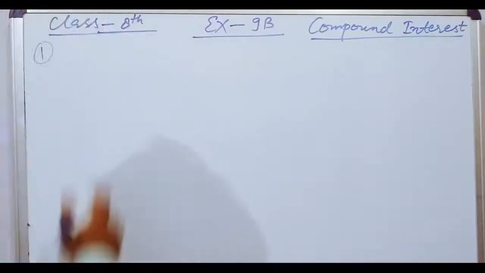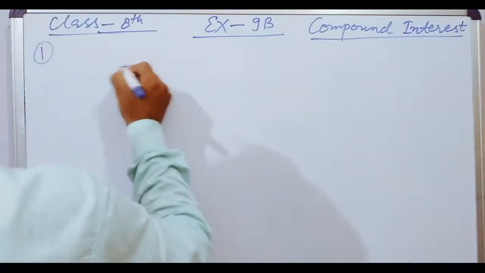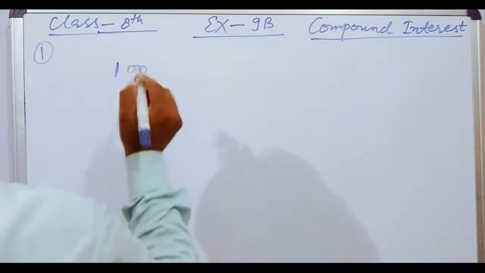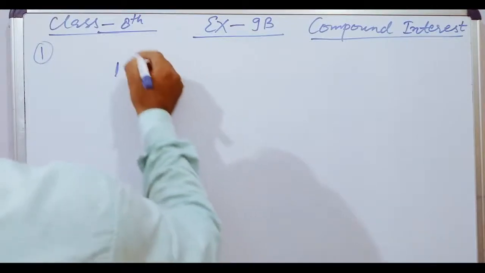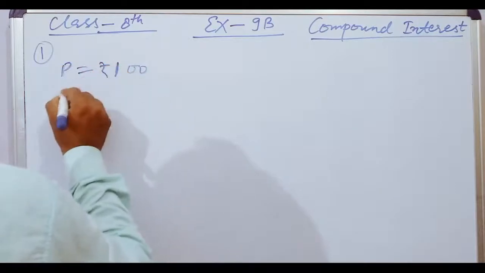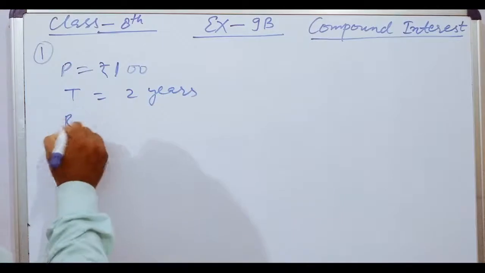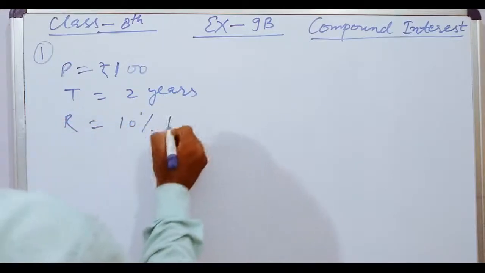See, in simple interest, suppose that the principal is rupees 100, time 2 years, and rate 10% per annum.